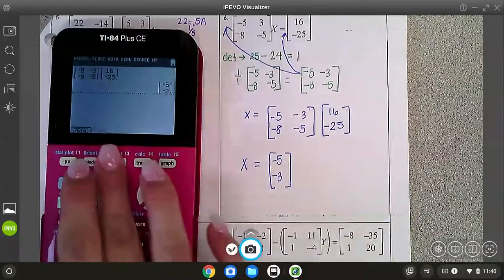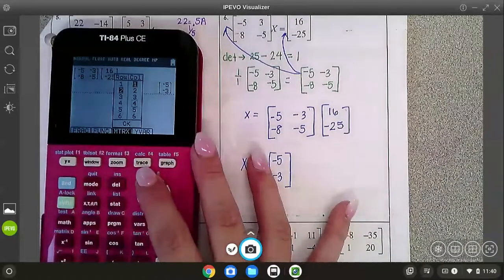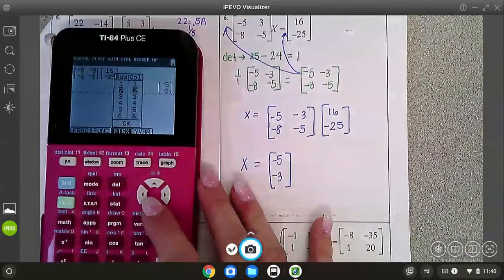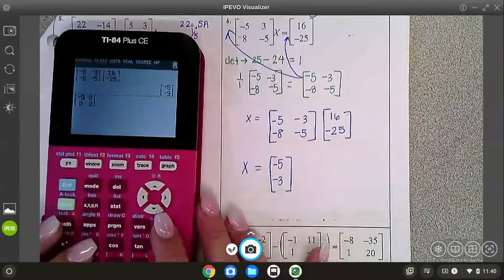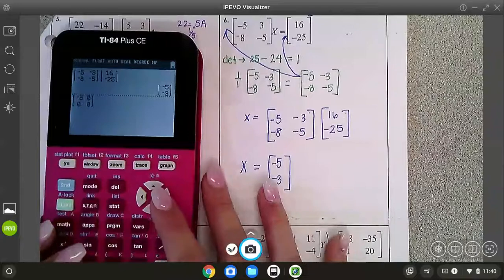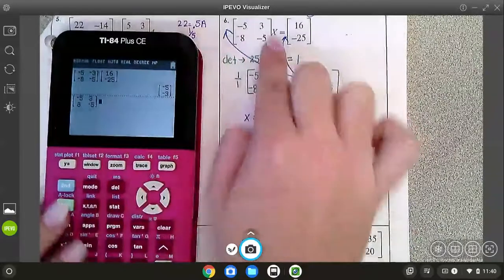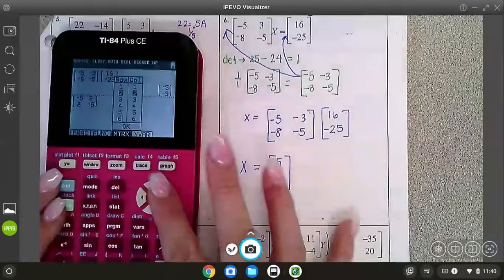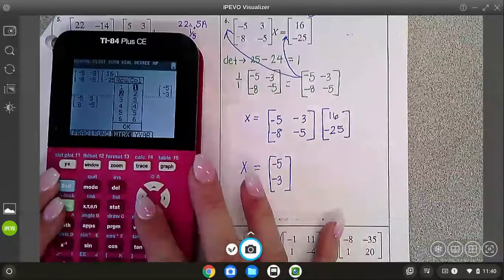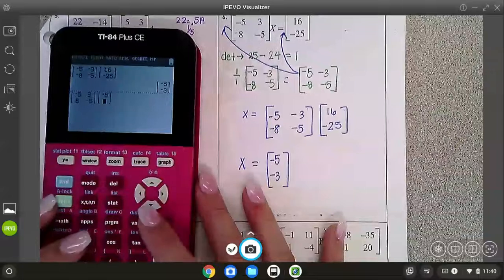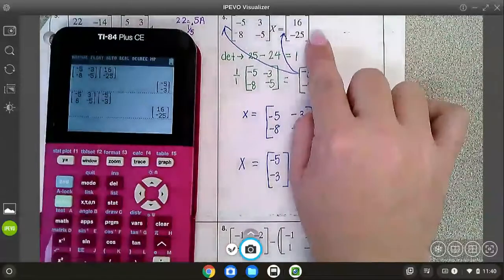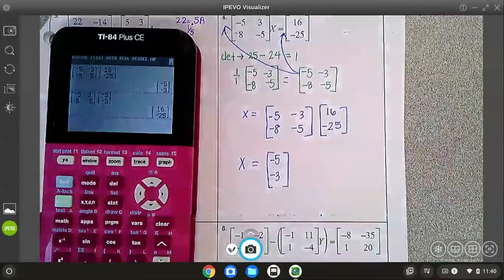And if we want to check our answer, we can type in the original. So this original times x. We found that x was -5, -3. And it does equal 16, -25.